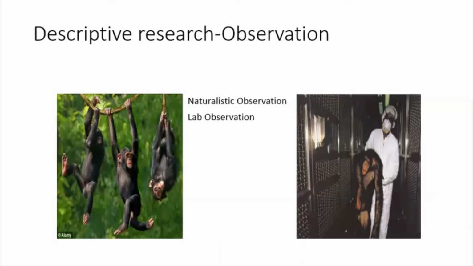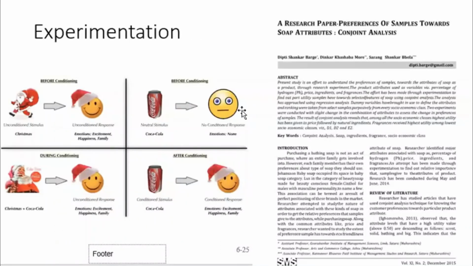Now, this is experimentation. On the right side, you see, this is another technique, and this we have done. You all remember the arrows you made yesterday? IV, DV. Experimentation, I have also explained previously. You will have two groups. One group will be controlled, and you will find out the mean of that group.